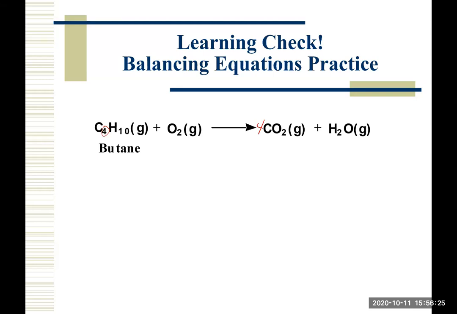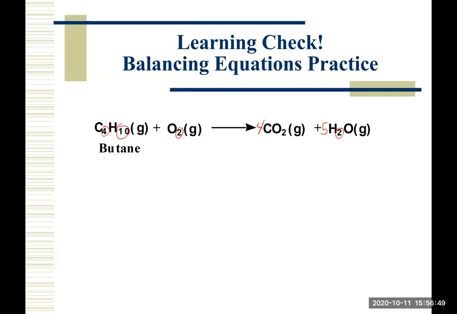We'll turn to hydrogen next, where there is 10 on the reactant side of the arrow, and over here on the product side of the arrow we have 2. To get 10 hydrogens, we need to put a 5 in front of the H2O. And now we're down to the oxygens. Over on the reactant side, we have 2 oxygens.